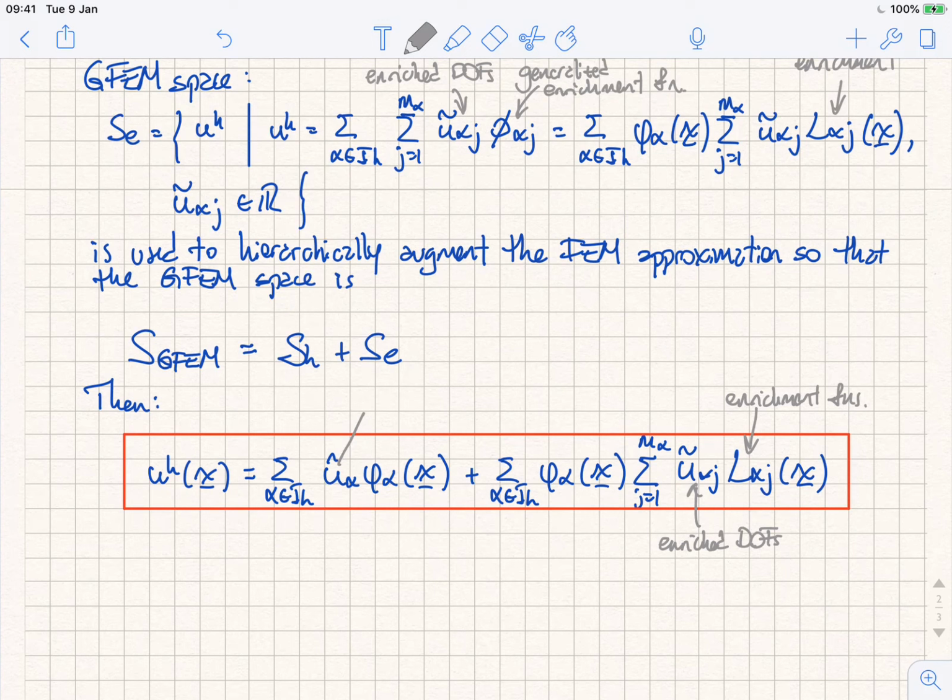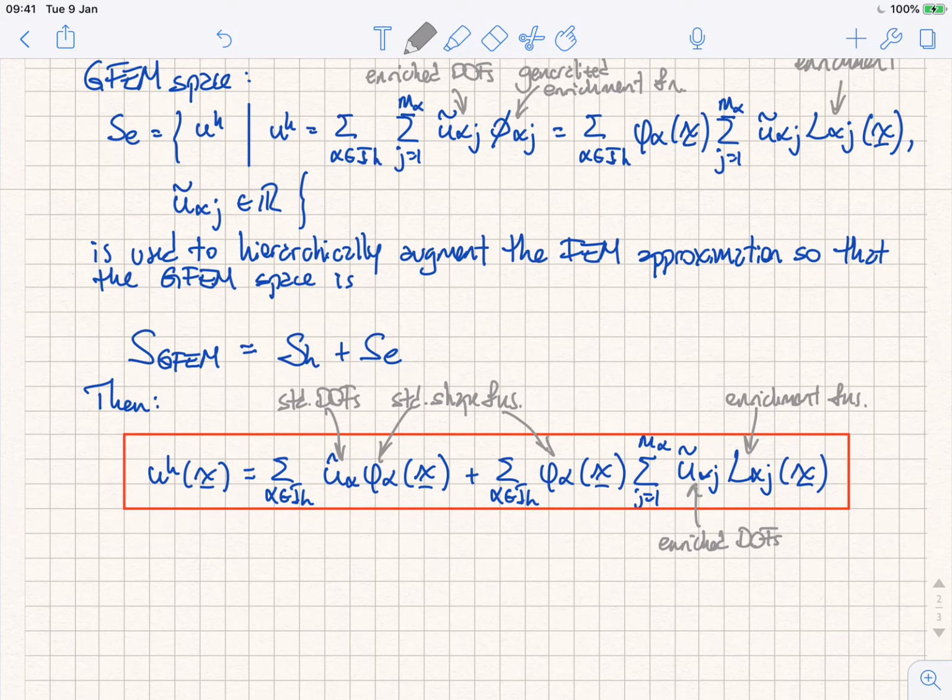These here are my standard DOFs, and these ones are my standard shape functions, which is the same as this one. And again, this product of the standard shape function with the enrichment function is what is doing the localization of this.